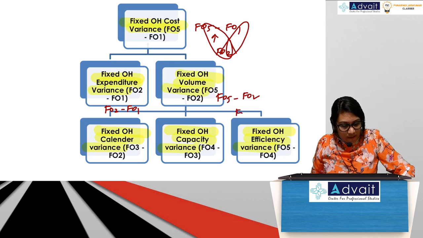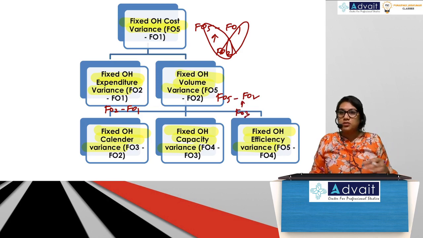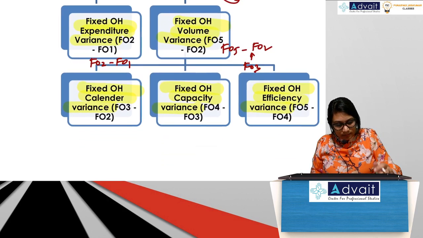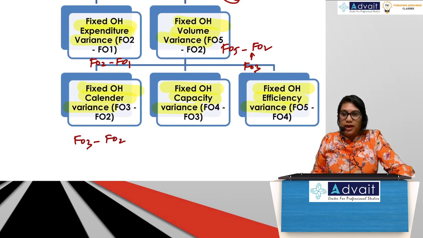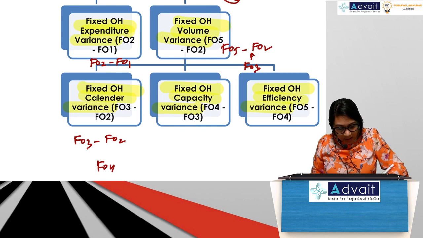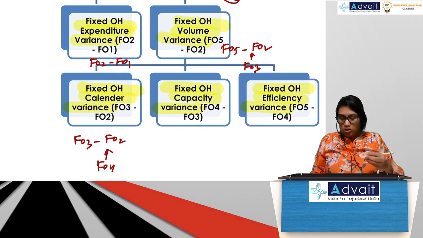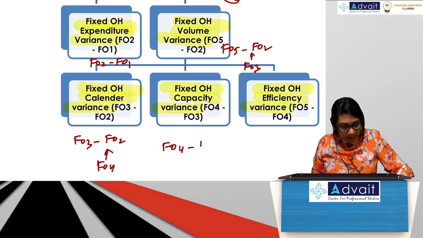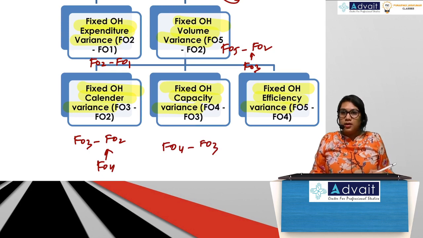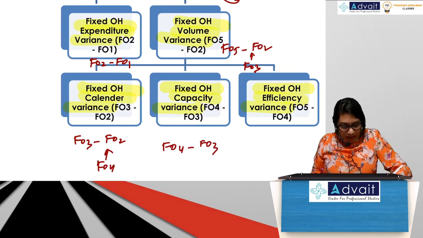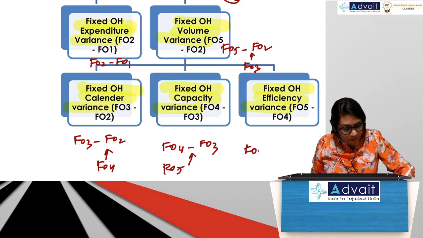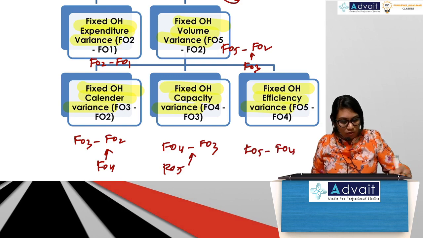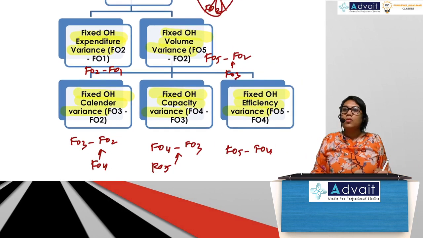Now FO3 interferes. So what do you get? FO3 minus FO2. But 3 and 5 don't get paired because FO4 comes into the middle. So FO4 minus FO3. Again 4 and 2 don't get paired. Why? FO5 comes into the middle. So FO5 minus FO4. Guys, is this okay?